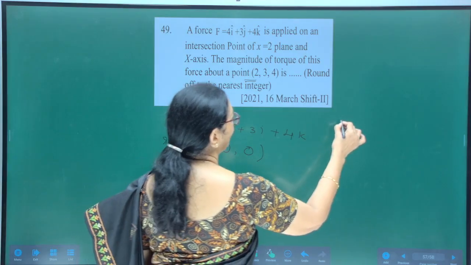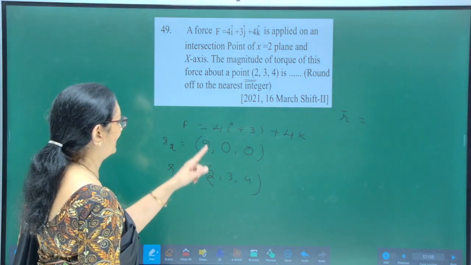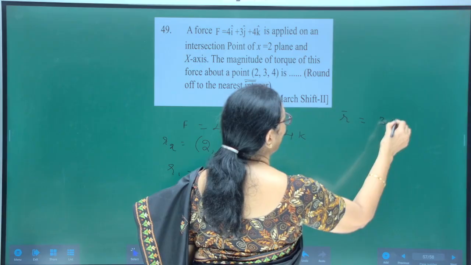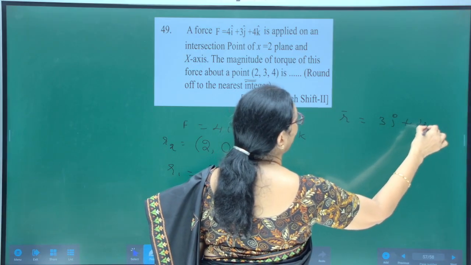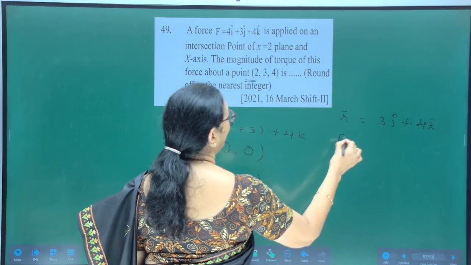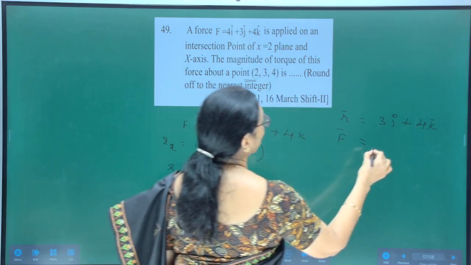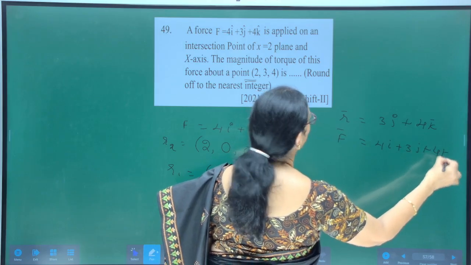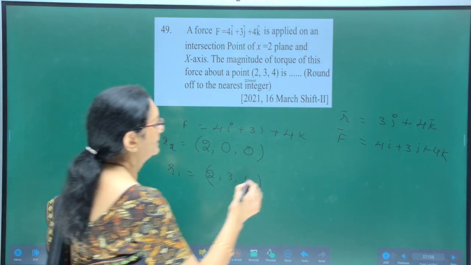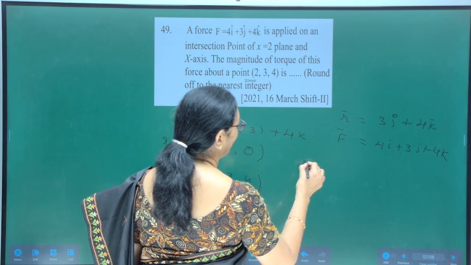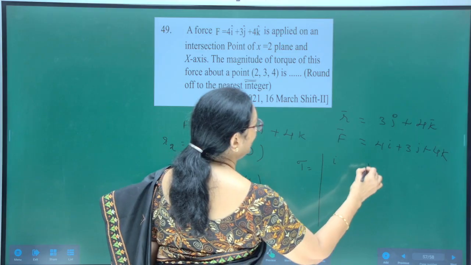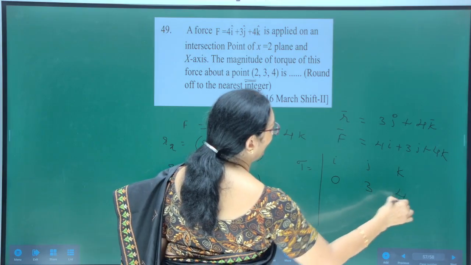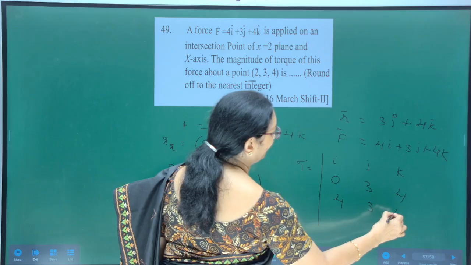So, R bar is equal to R2 minus R1, that is 2 minus 2, 0, 3 minus 0, that is 3j bar plus 4k bar. And F bar is given as 4i plus 3j plus 4k. So, the torque becomes R cross F, that is the determinant of i, j, k; the i coefficient is 0, j is 3, k is 4, and 4, 3, 4.